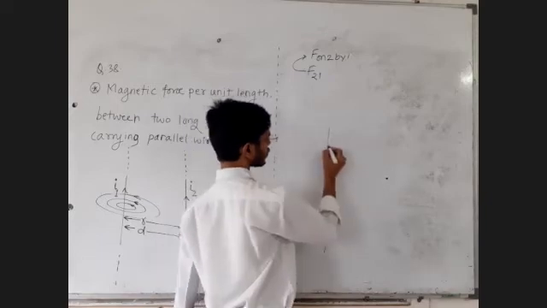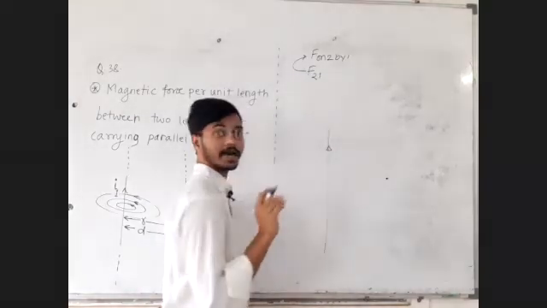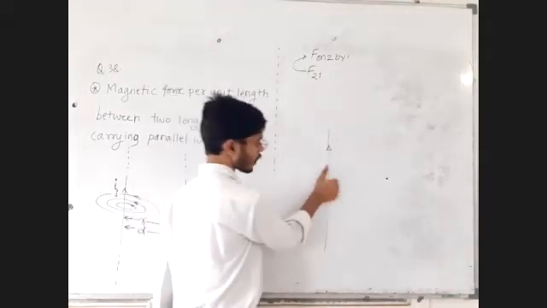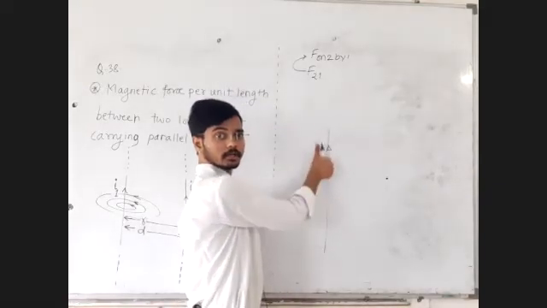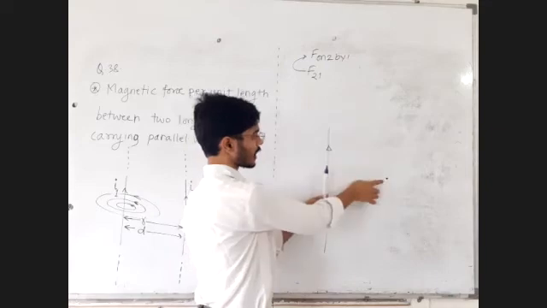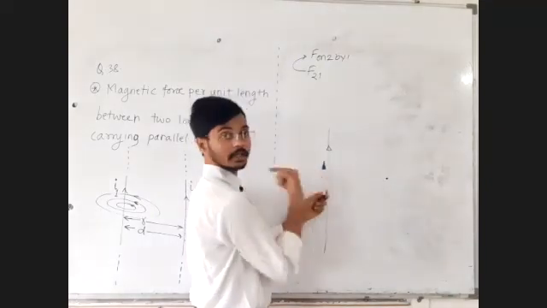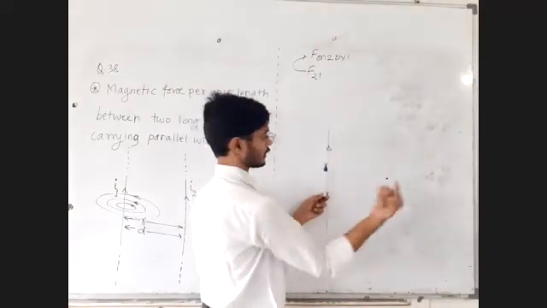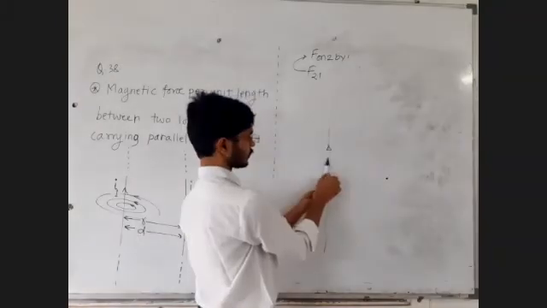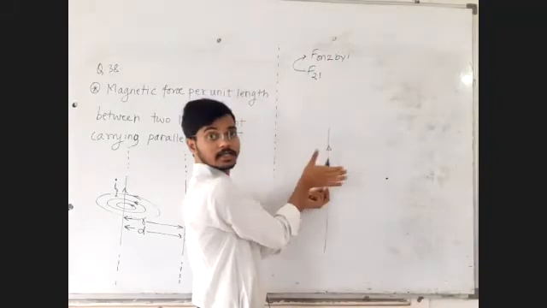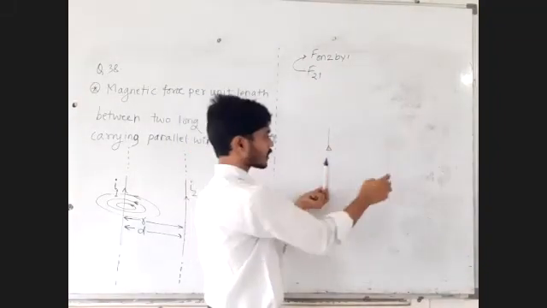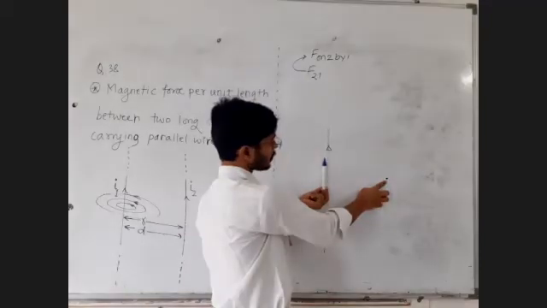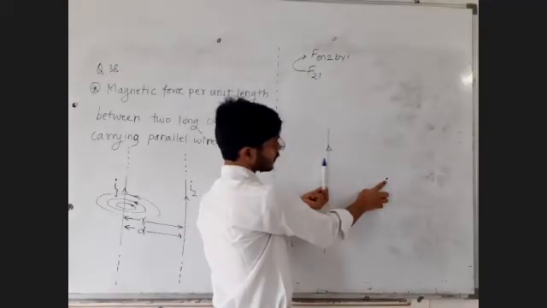You will hold that current carrying wire in your right hand like this. The thumb will give the direction of current and the curled fingers give the circle around the conductor. If you draw the circle, that circle will go in, come out, upward, downward.